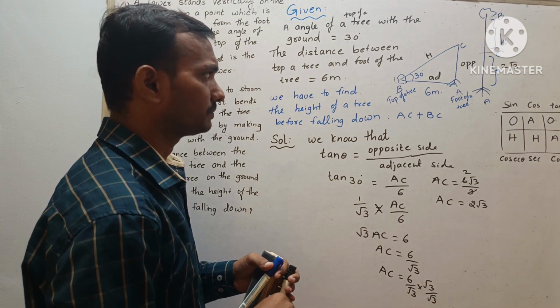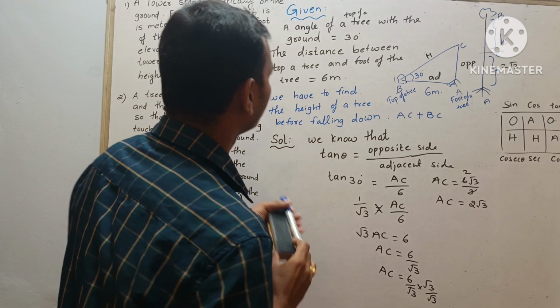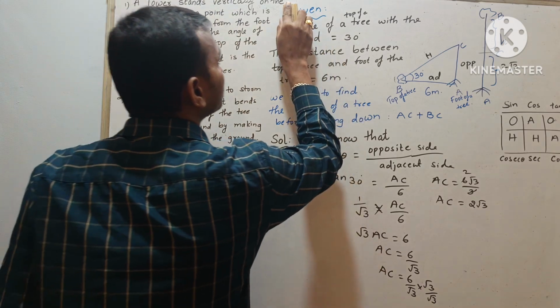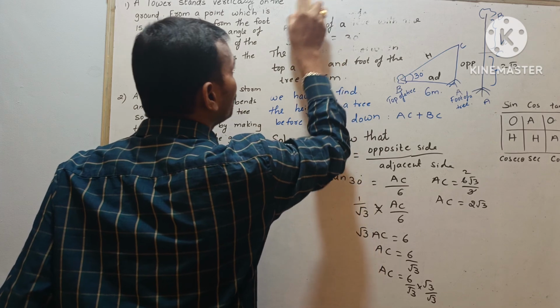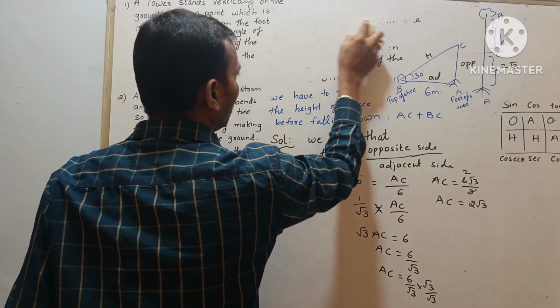So similarly, we are going to calculate the hypotenuse. We need to find a relation which will give you the hypotenuse.